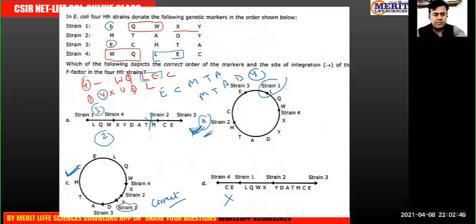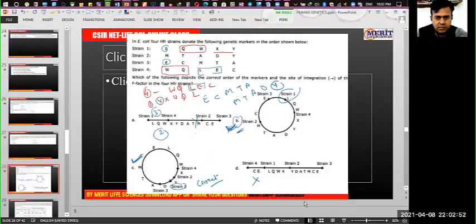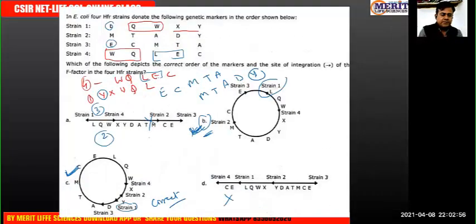According to your formula, but the correct option is B, not C. Okay. So you have to look out.